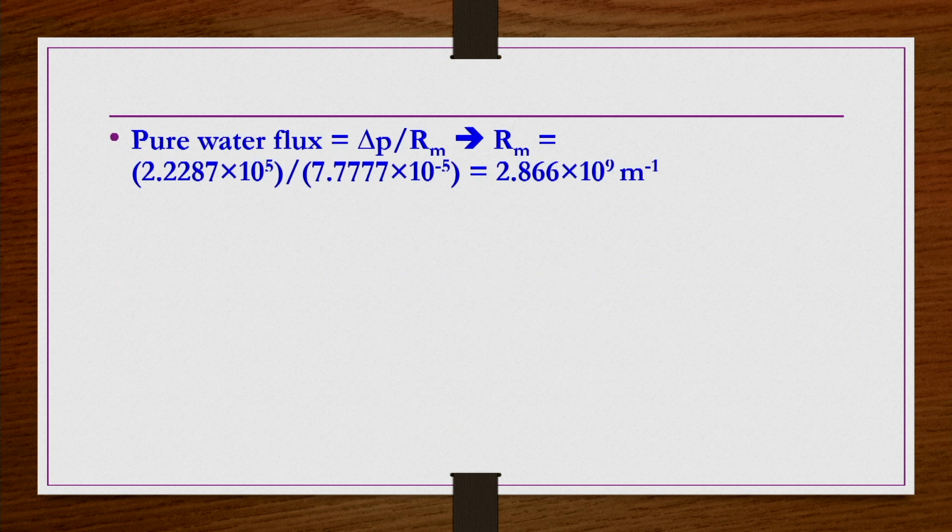So, then pure water flux is nothing but delta P by Rm, right. So, Rm should be delta P by pure water flux. Delta P we converted into Pascal.